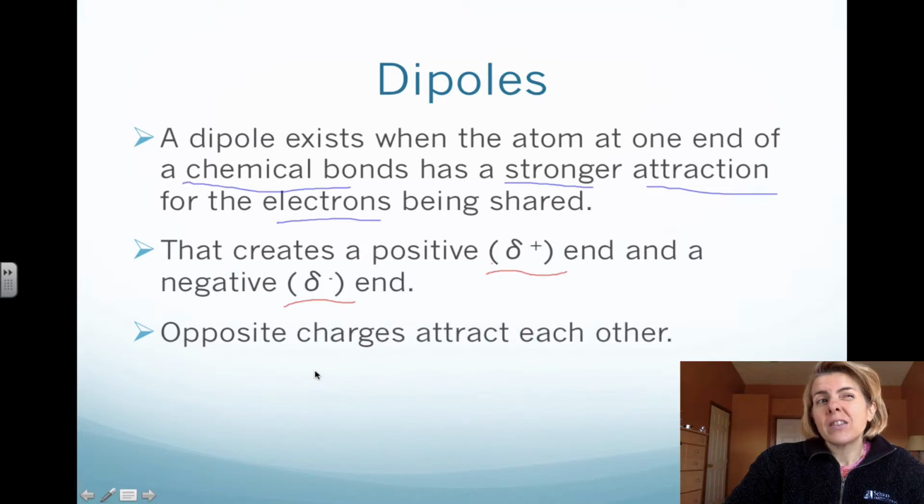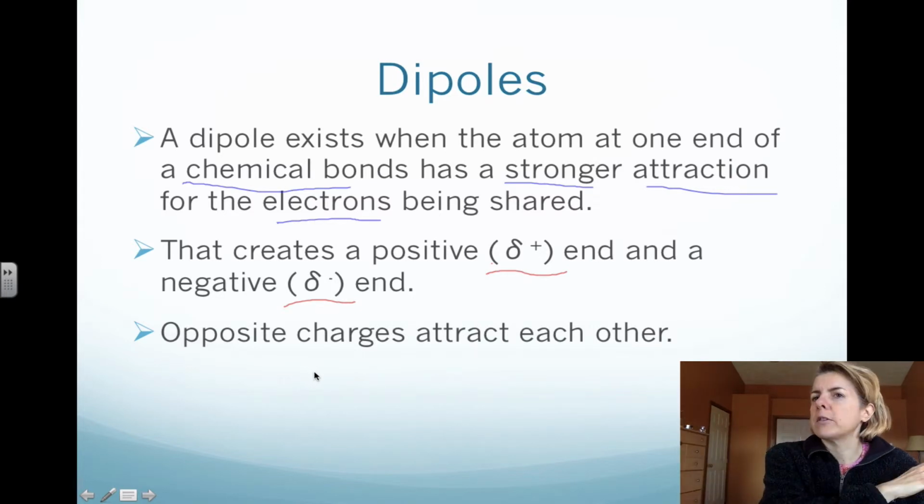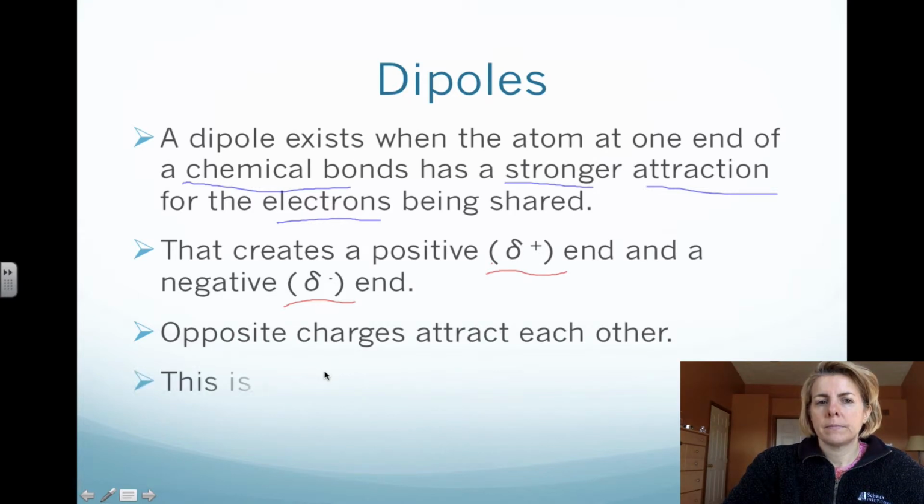Because of that, it's sort of like, not quite a magnet, but the charges arrange themselves so that the opposite charge of one molecule is attracted to an opposite charge of another molecule. And we call this dipole-dipole attraction.